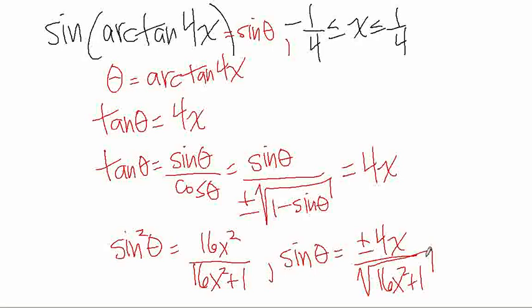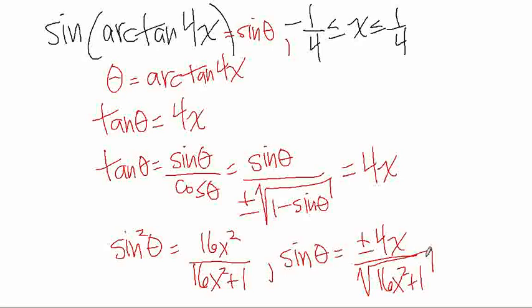All right. Now, this is going to take a little bit of care. The sign, S-I-G-N, of the sine function is going to depend on the value of x. If x is positive, then the sine of theta is positive.